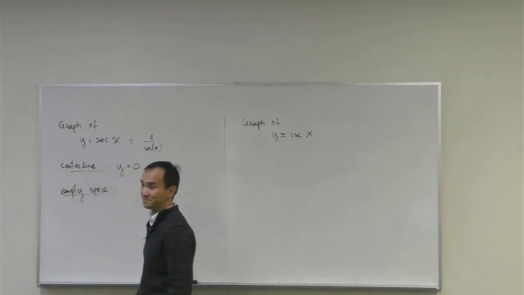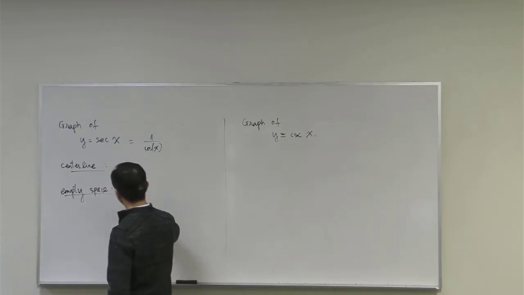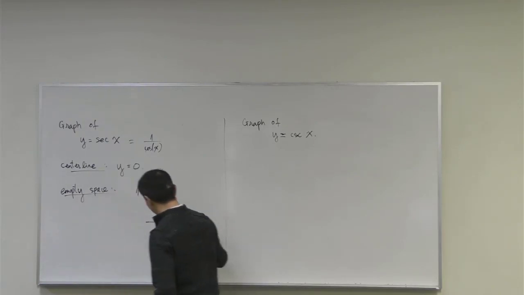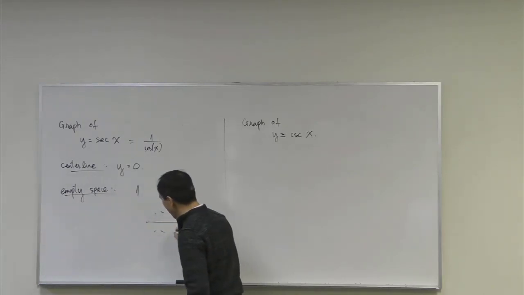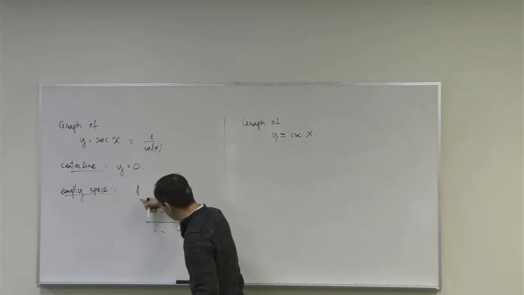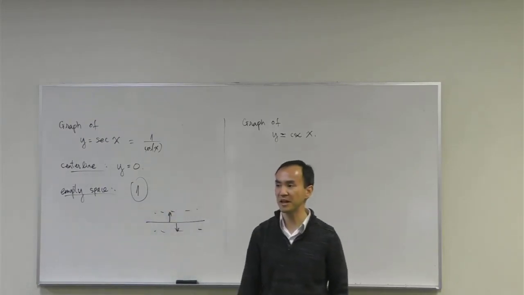The empty space right here is going to be 1. But by 1 here, I'm talking about the center line empty space: 1 up and 1 down. So I mean empty space 1 away from the center line each way. That's what I call the empty space.